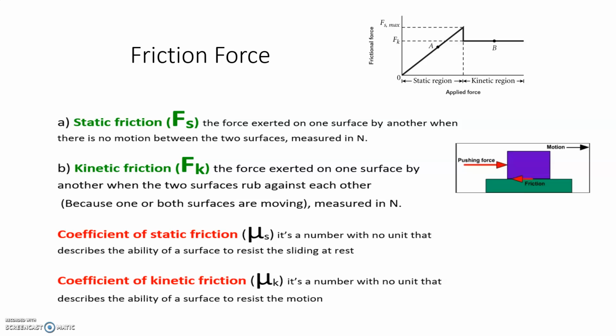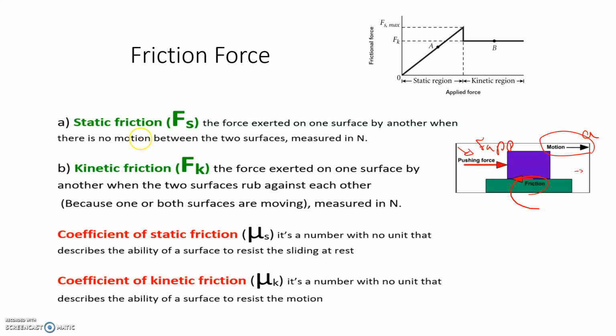Friction force. Friction is always opposite to the direction of motion. If you have an object, and this is the direction of motion or direction of acceleration, you push this object, push, we said, is applied force. The object will move in this direction, and opposite to the direction of motion, I have a friction.